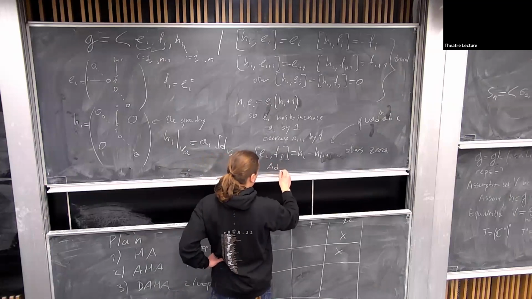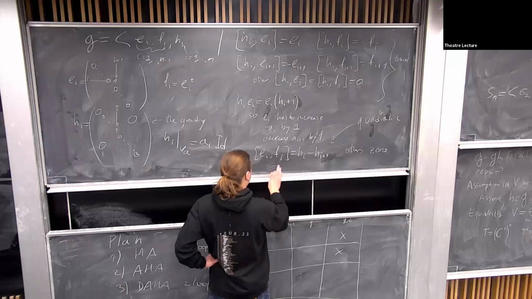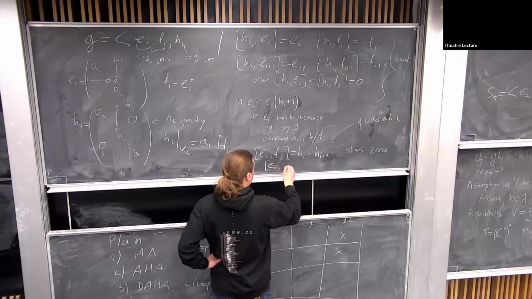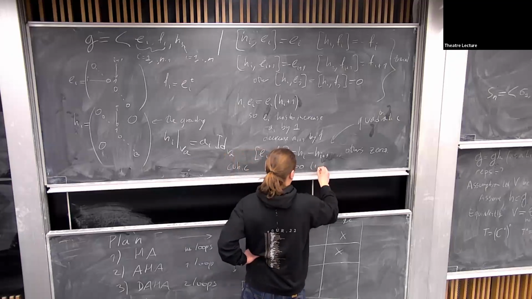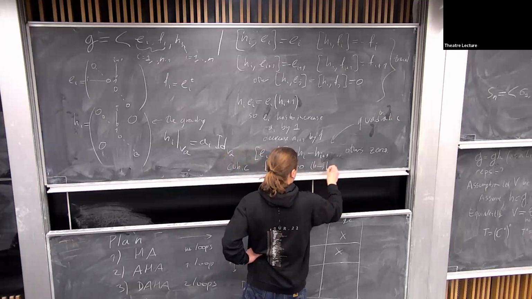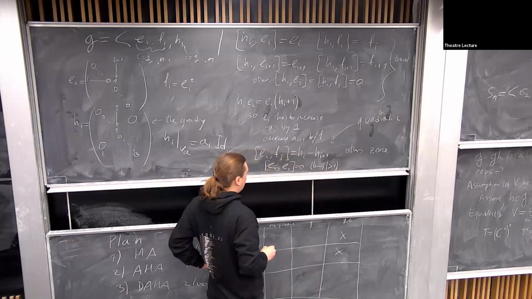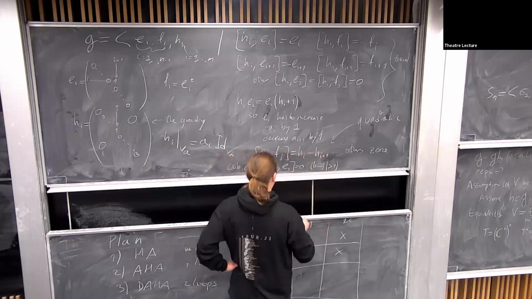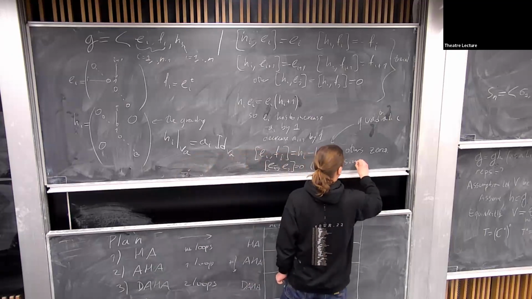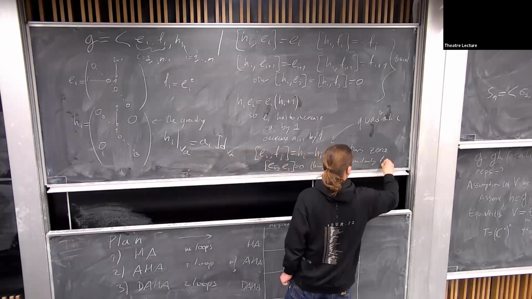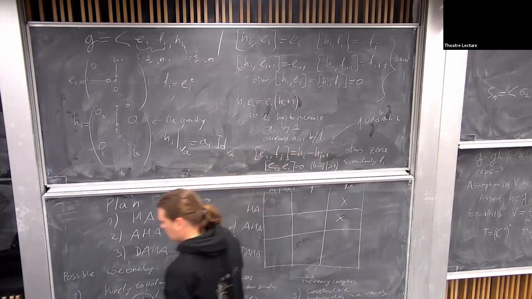E_i, E_j commute if they're far apart, if |i minus j| is greater than 1. That's still quadratic, sorry. Similarly for F_i.